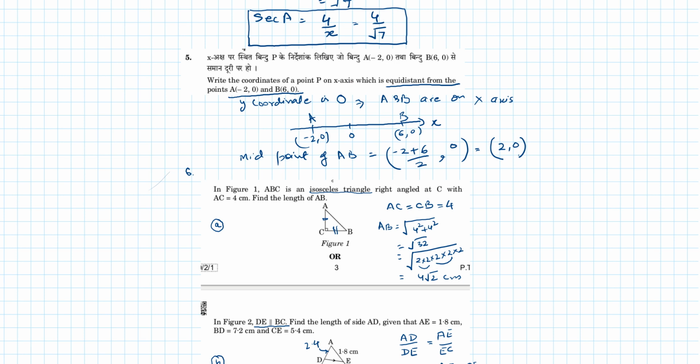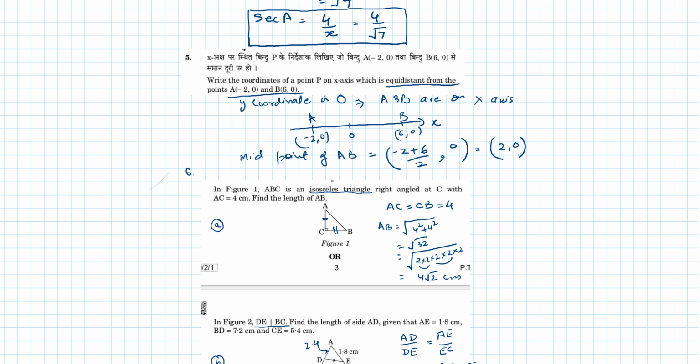So as I have drawn here, let us say A is (-2, 0), B is (6, 0). The point P is the midpoint of A and B, then it is pretty simple. Midpoint of AB is basically -2 plus 6 divided by 2, and similarly we take the y coordinates of A and B and divide by 2, so we get (2, 0).